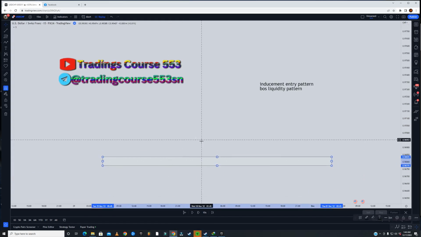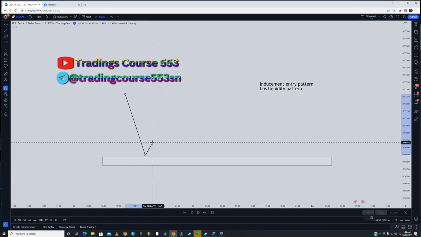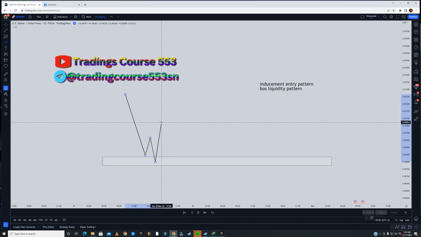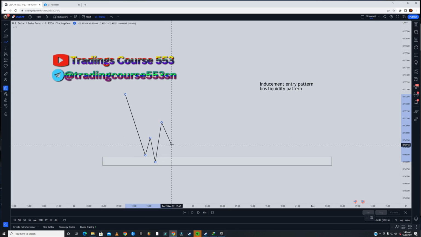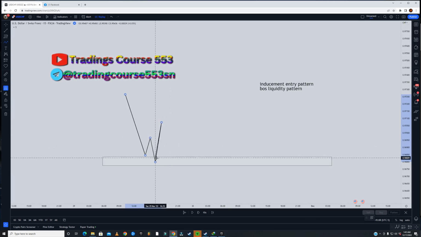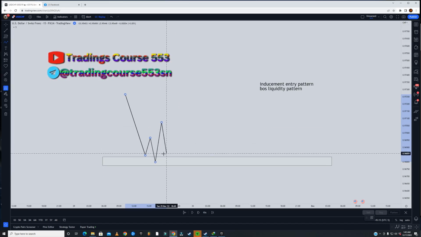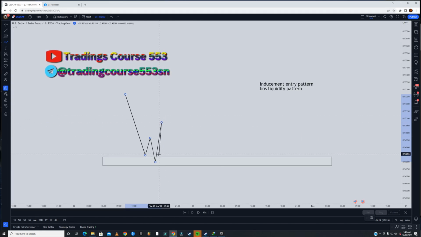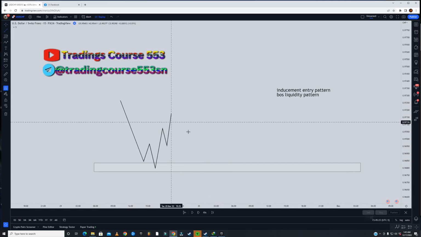Now we have the BOS liquidity pattern, and what is it? So you have your POI, right? Price comes into your POI, and then you have a change of character or market structure shift. When you have a change of character, you would have your order block here at the extreme zone. So you want to take your entry from the extreme order block. You have marked out your extreme order block plus fair value gap. If price, without tapping in, goes up and breaks another structure like this, this is a break of structure, a market structure break.